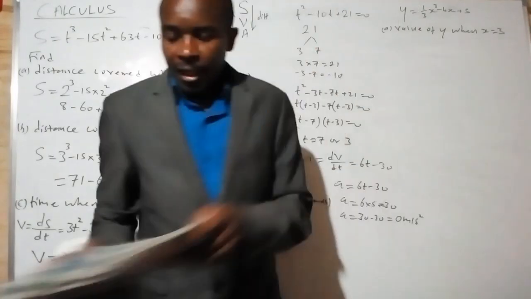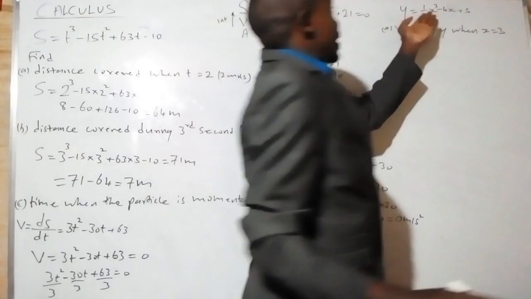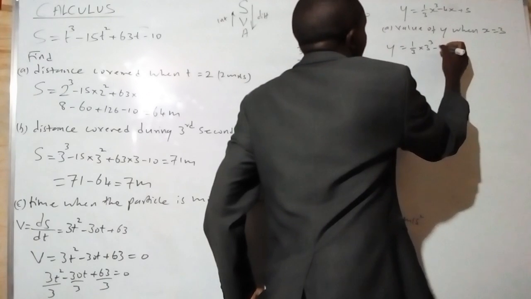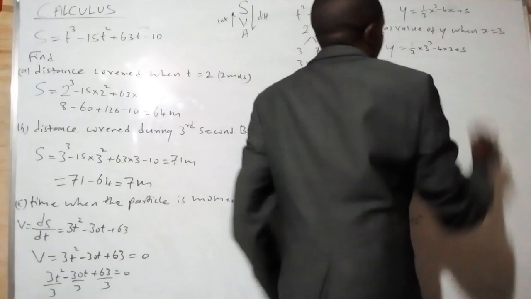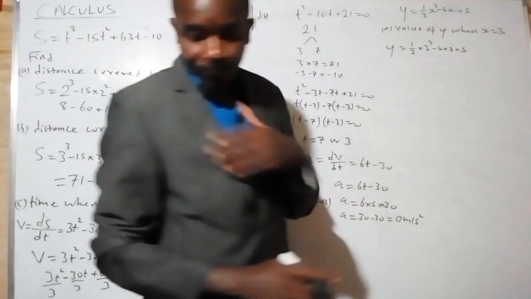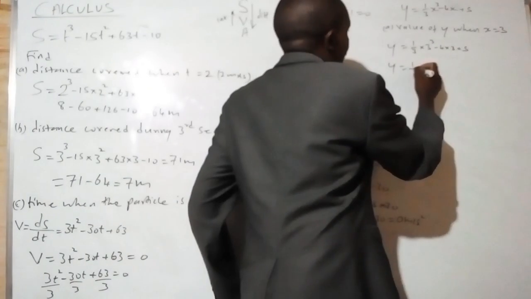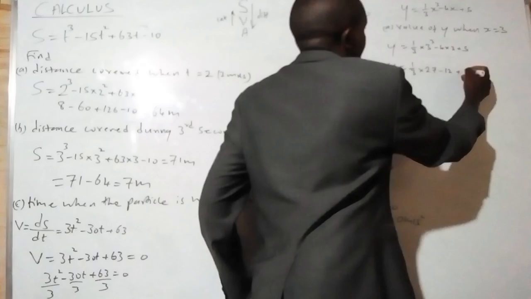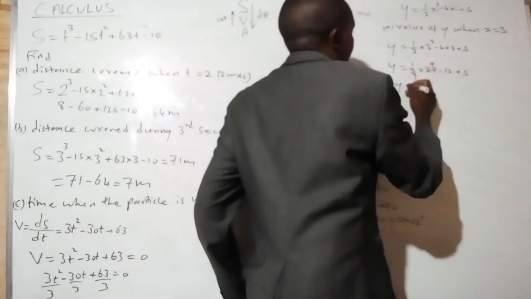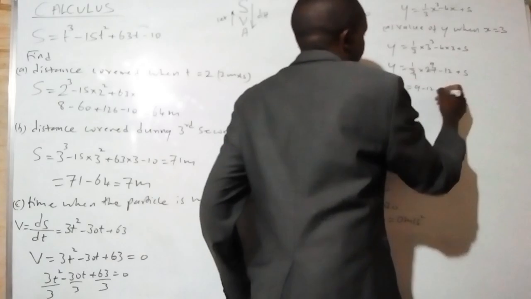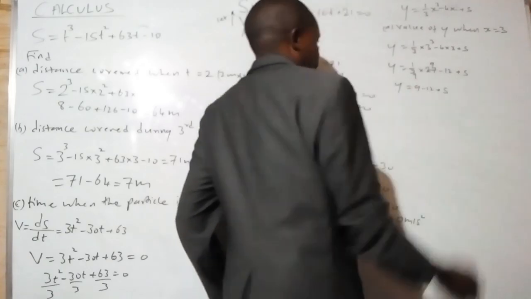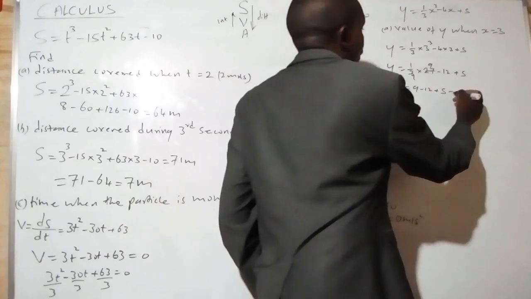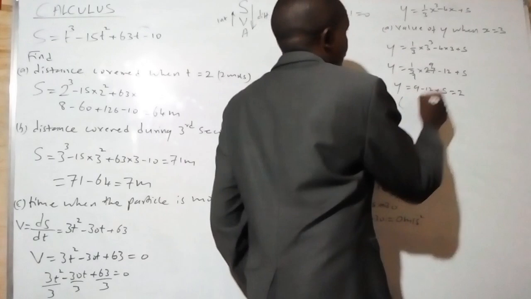Just substitute: y is equal to 1 over 3 times 3 cubed minus 4 times 3 plus 5. y is equal to a third times 27, which is 9, minus 12 plus 5. 9 plus 5 is 14, and 14 minus 12 is 2. In terms of coordinates, we have x is 3, y is 2.